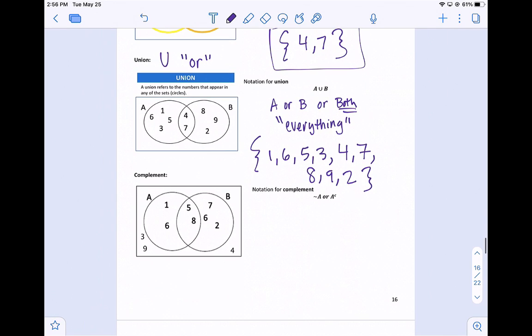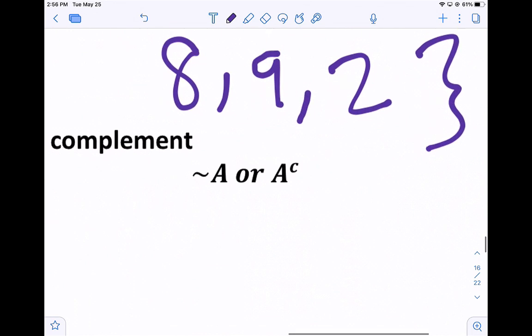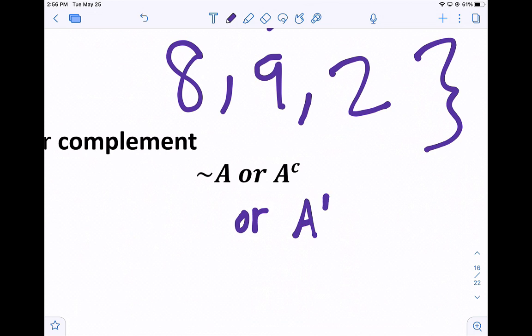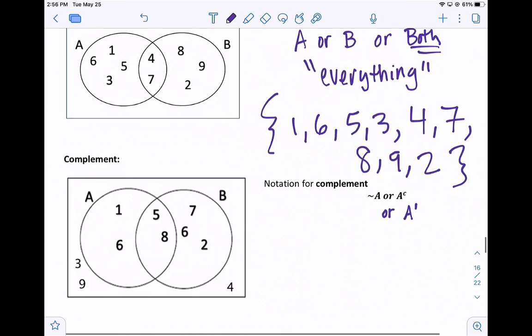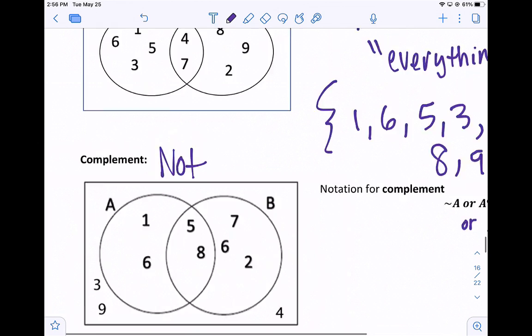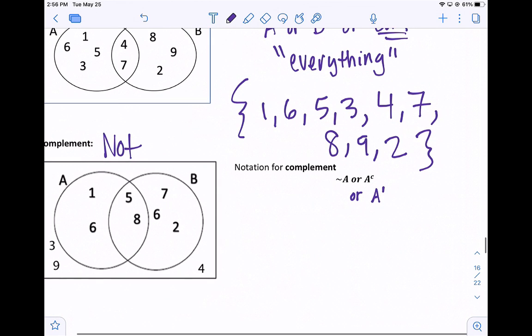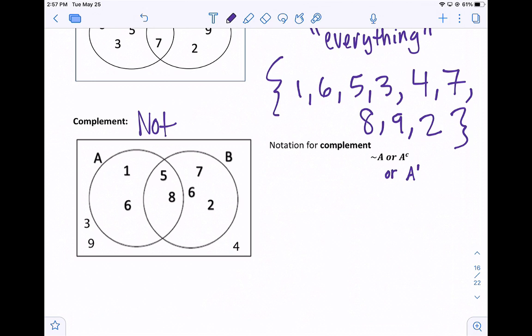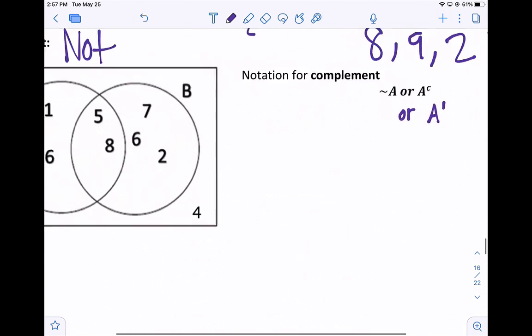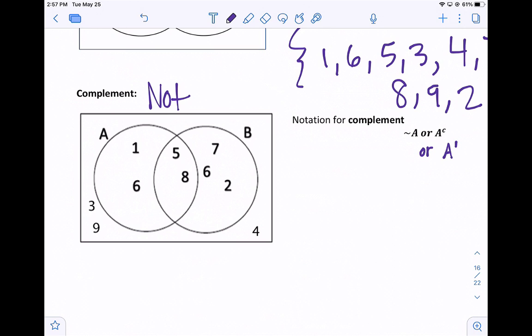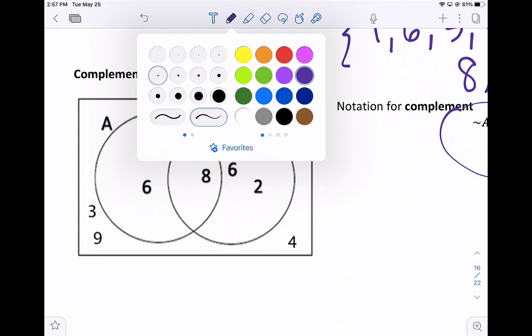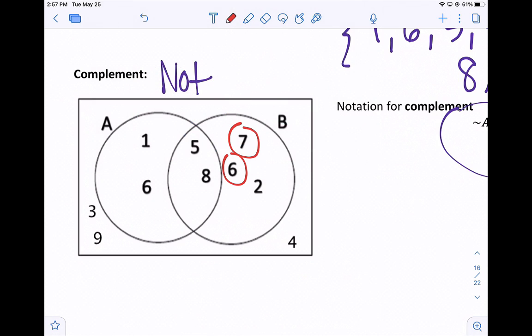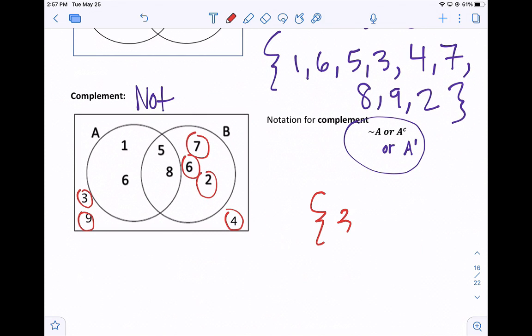Then we'll take a look at what a complement is, and you'll see it written many different ways. You might also see it written as this little prime right here. Complement means not in those sets. I might say what's not in set A, and it's everything not in set A. So not in set A is 3, 9, 7, 6, 2, and 4.